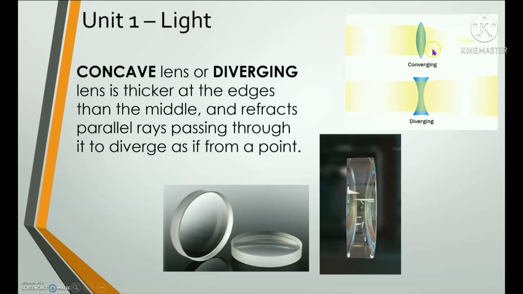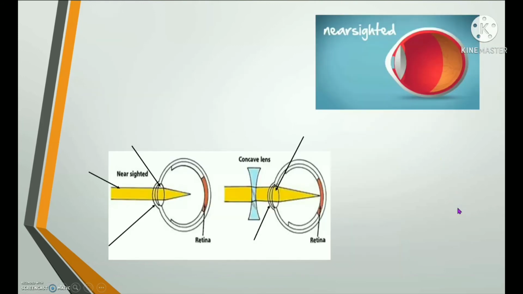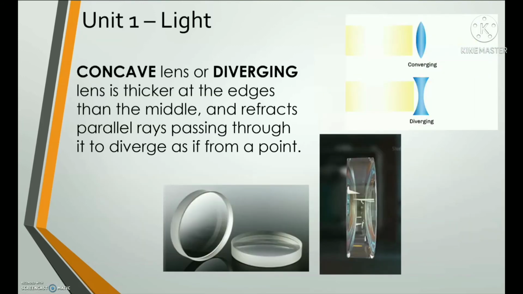So for converging, the point or the focus is here, but for a diverging lens, the focal point is here. Then it will diverge. Okay, now the question: what is the thicker part of a concave lens or diverging lens?